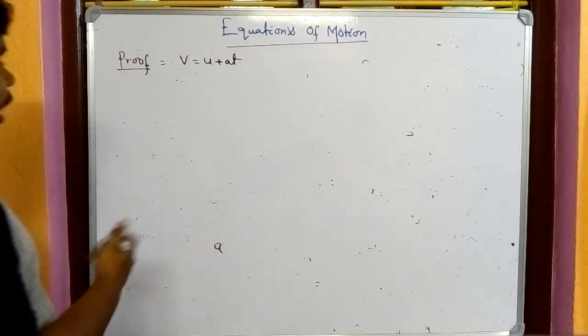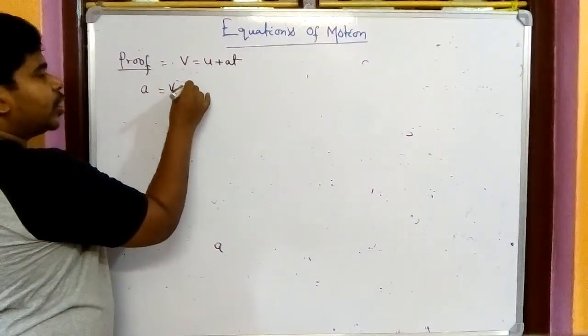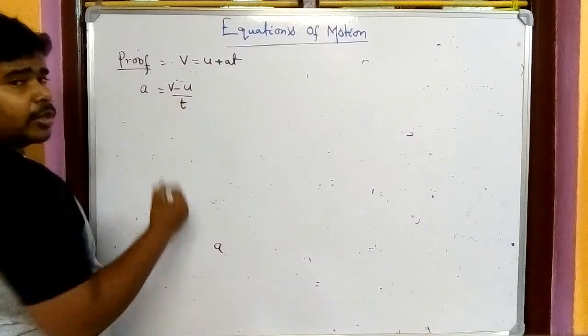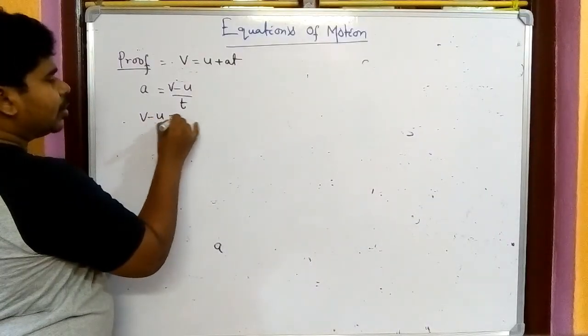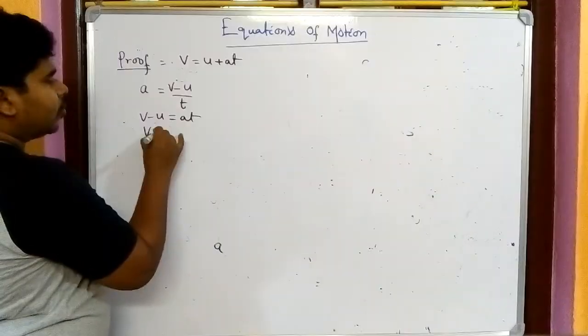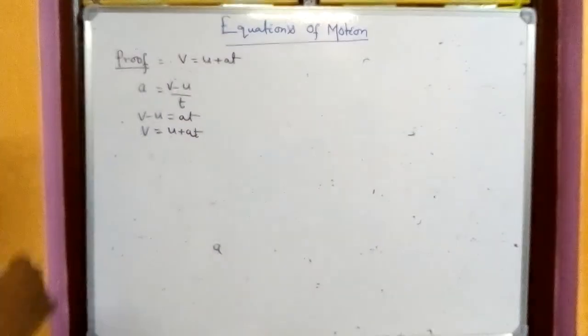We have already done that acceleration a equals rate of change of velocity, v minus u by t, in the first part. So from here v minus u equals at and v equals u plus at. That is the general process to prove that equation.